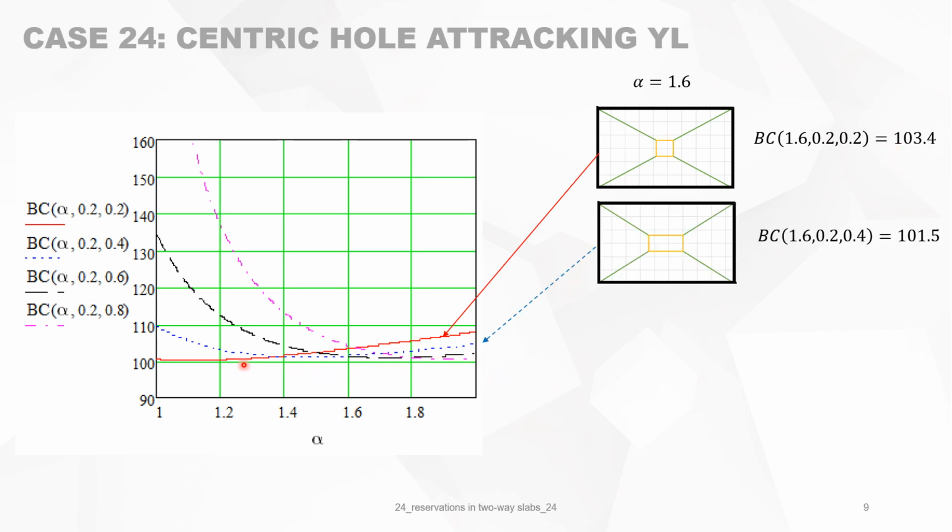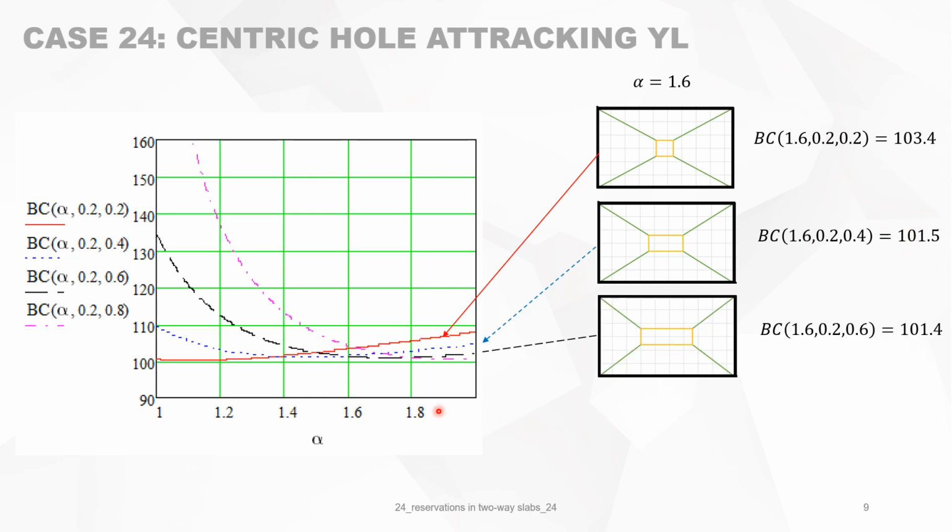Then the blue curve is 0.2 and 0.4, with alpha 1.6, and you see that the bearing capacity is 101. Then the black curve is for alpha 1.6 and 0.2 and 0.6, and you have 1.54.